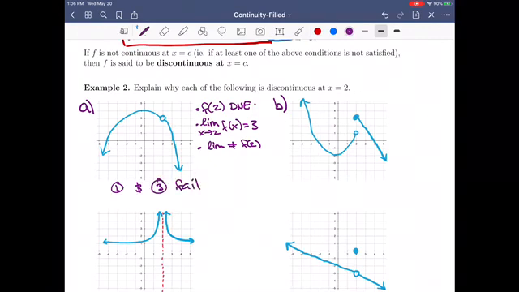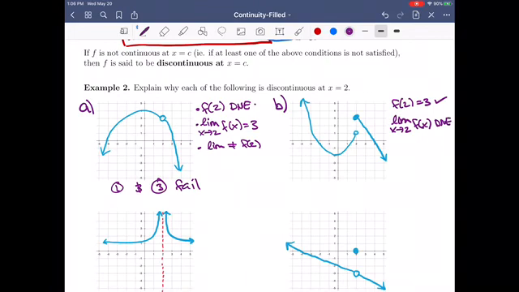Now in part B, now we do have a point. So f of 2 is actually 3. So 1 is true. The limit as we approach 2, though, does not exist, because from different sides, they go to different numbers.